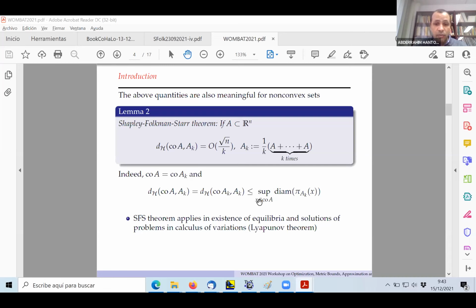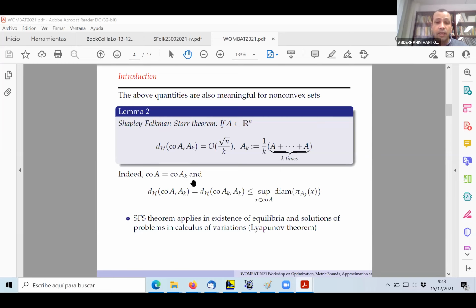This is what we claim to prove in this work, to have a control on the Hausdorff distance. We see that this may be difficult to calculate by means only of the diameter of the projection.